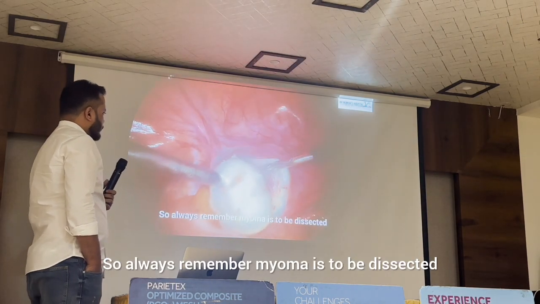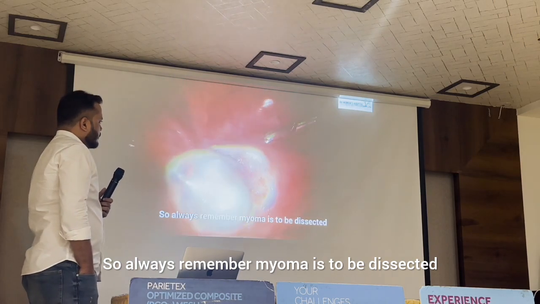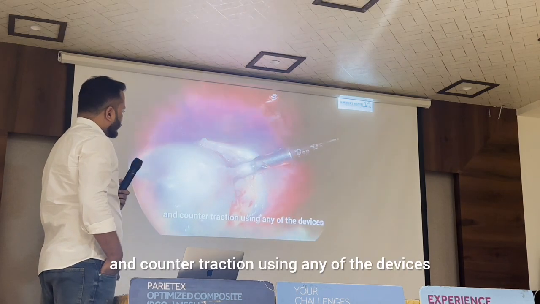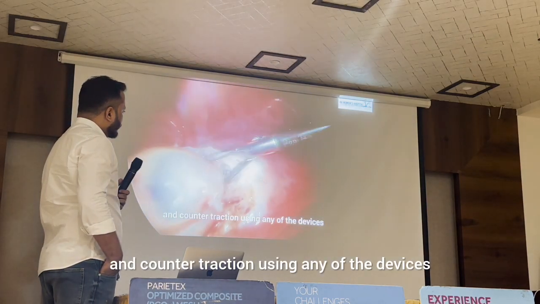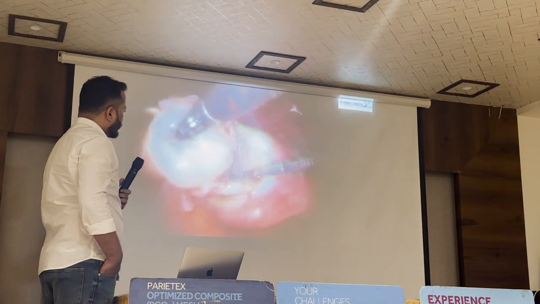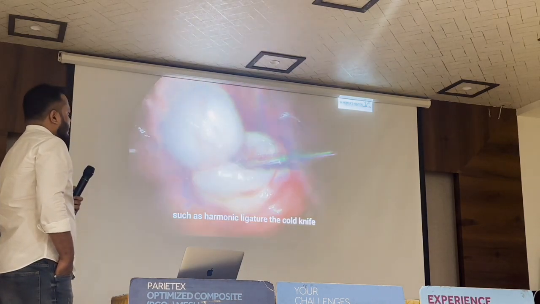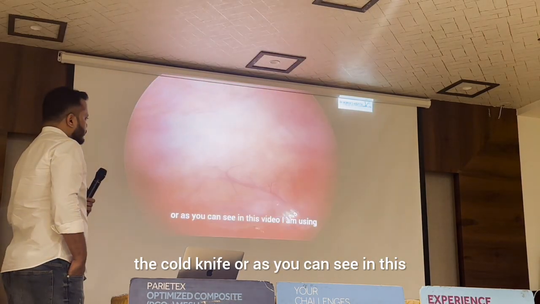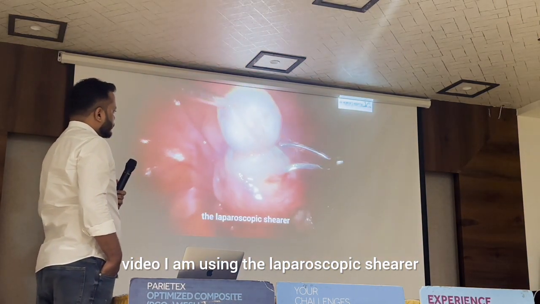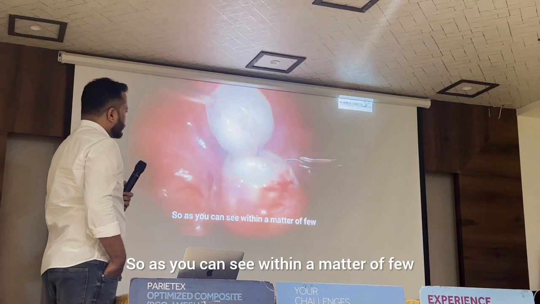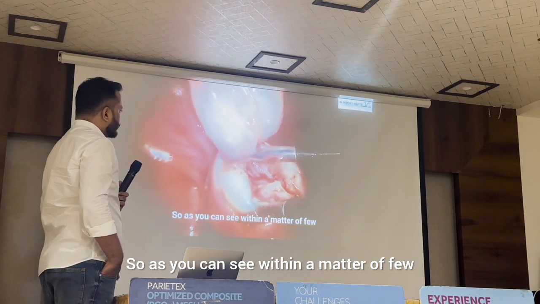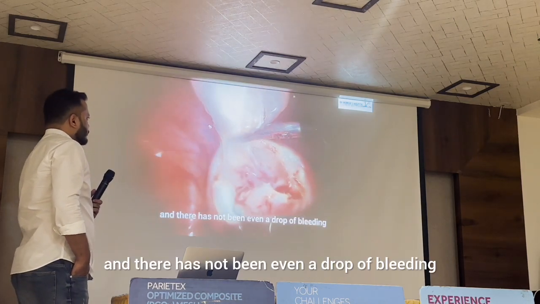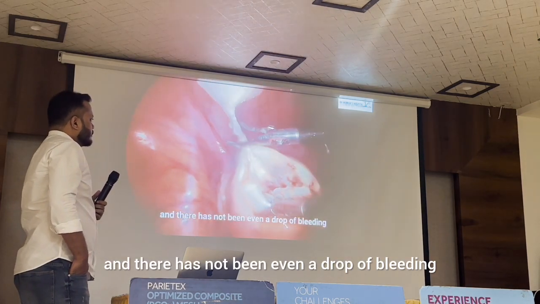So always remember, the myoma is to be dissected off using a good combination of traction and counter traction, using any of the devices such as harmonic, ligature, the cold knife, or as you can see in this video, the laparoscopic shearer. As you can see, within a matter of a few minutes, I have dissected the entire fibroid and there has not been even a drop of bleeding.